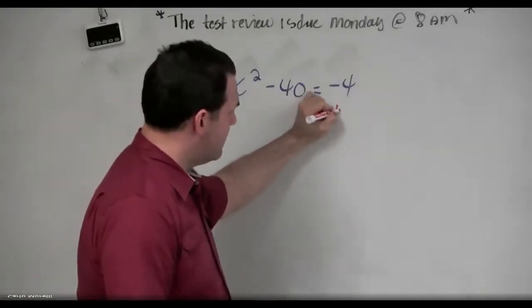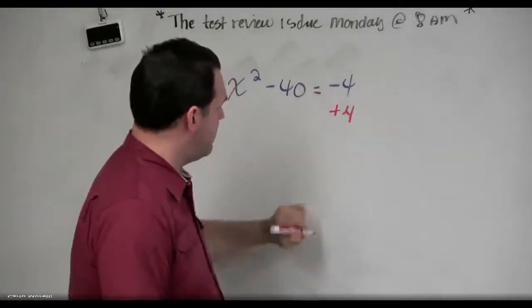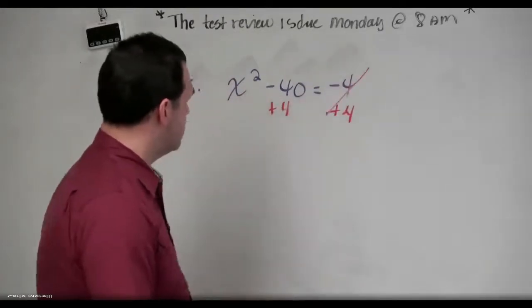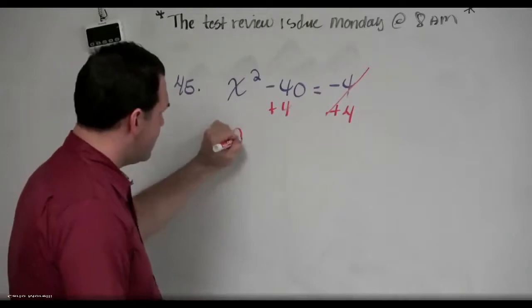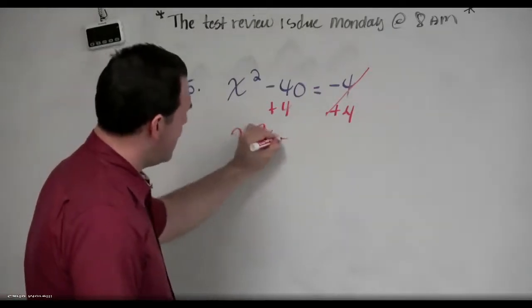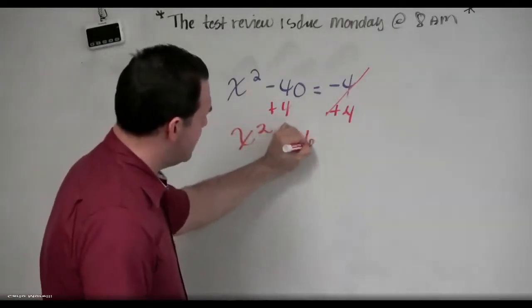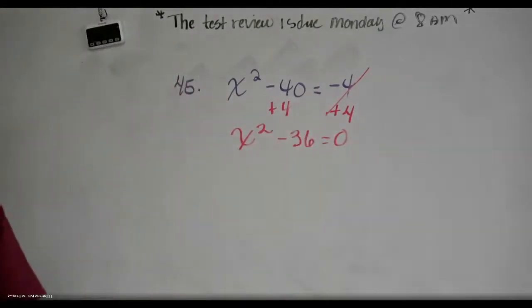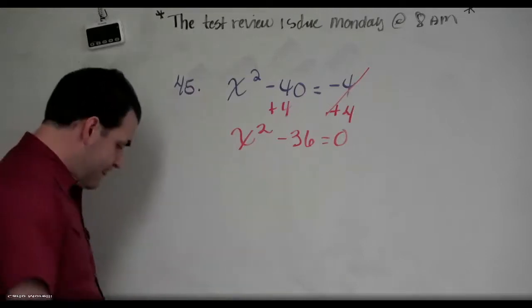So we're going to add 4 to both sides. And then I'll have x squared minus 36 equals 0. So negative 40 plus 4 gives me negative 36.